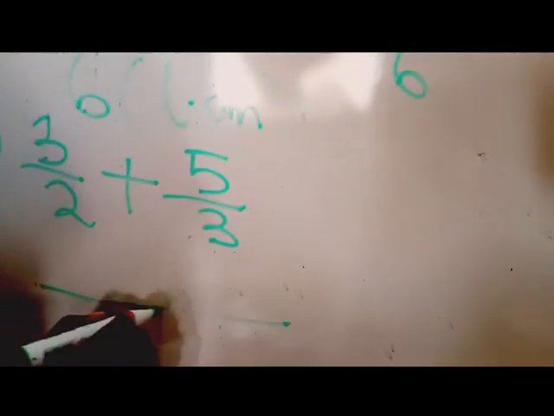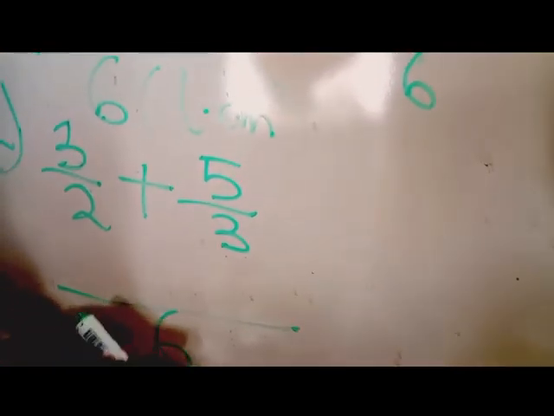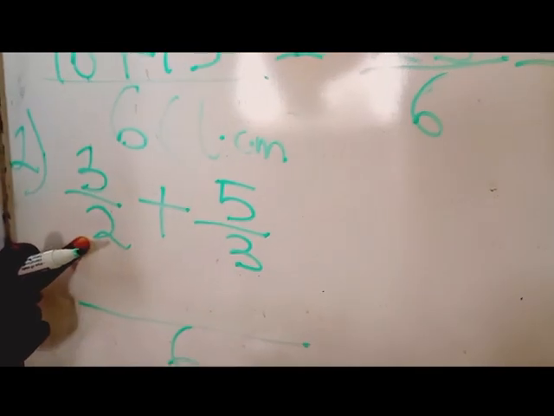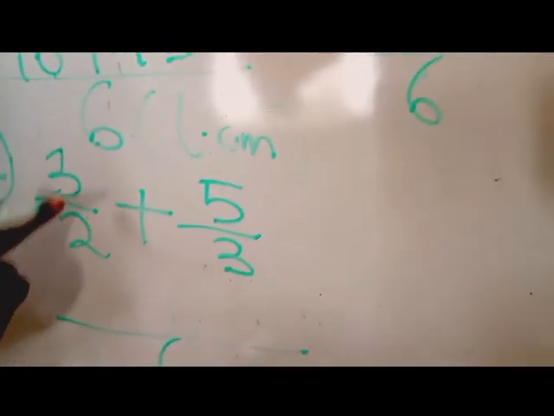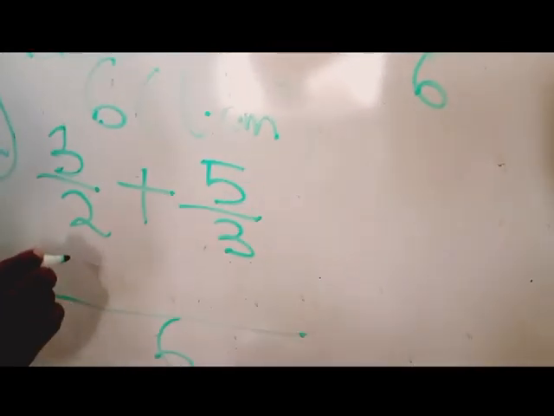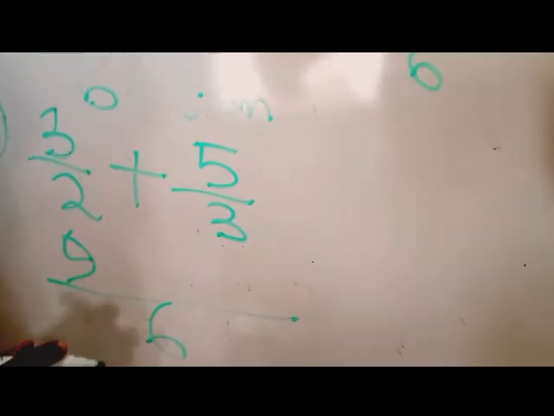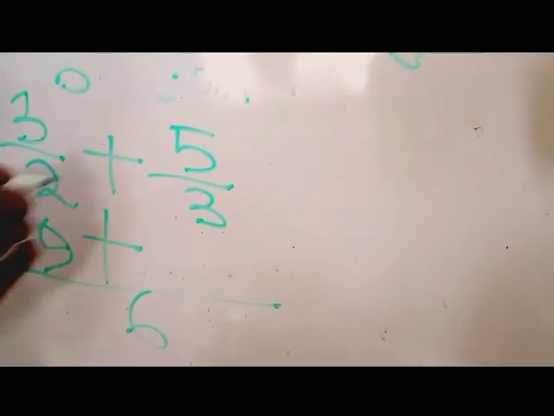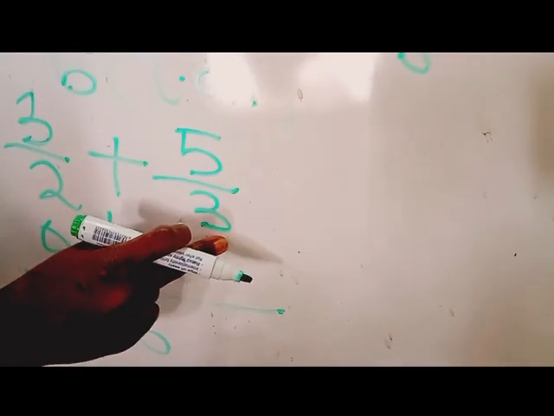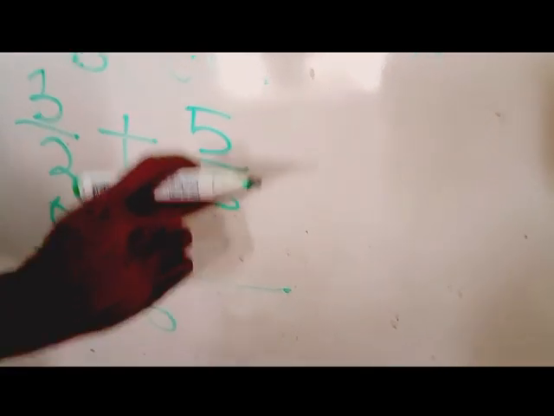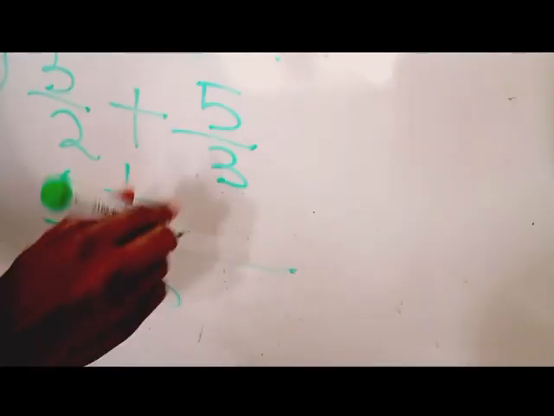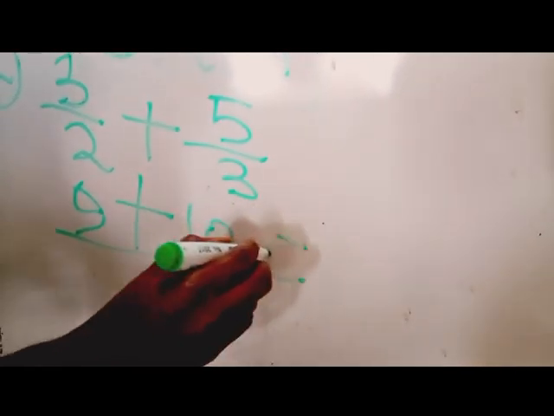Find the LCM, of course, is 6. 6 divided by 2 is what? Is 3. And 3 multiplied by 3 is 9. Add the operation sign. 6 divided by 3 is 2. And 2 multiplied by 5 is 10. So we have 19 all over 6.